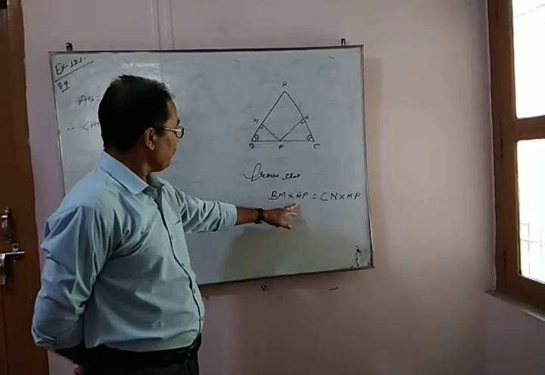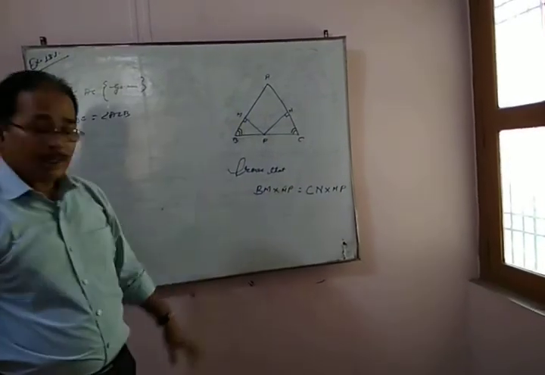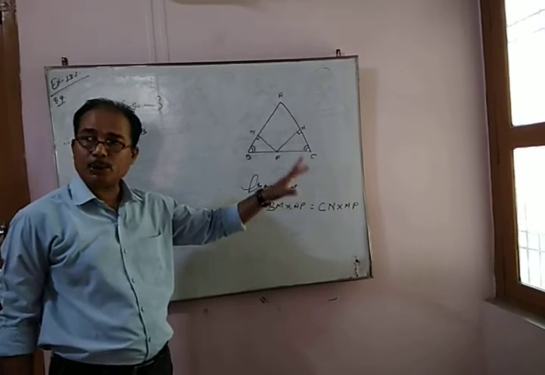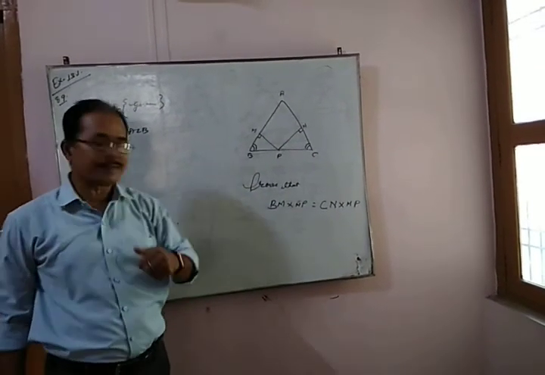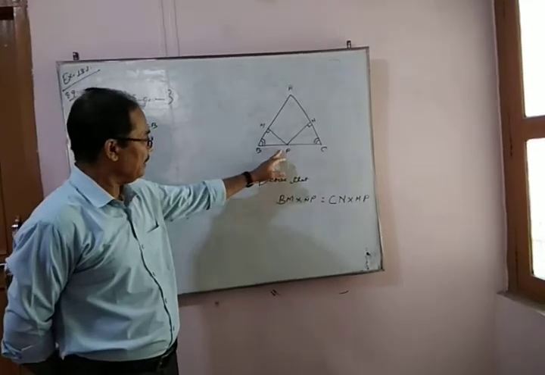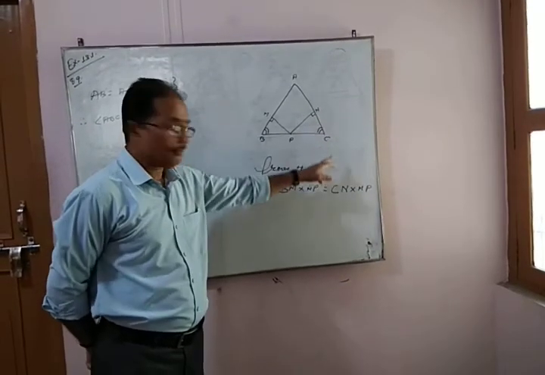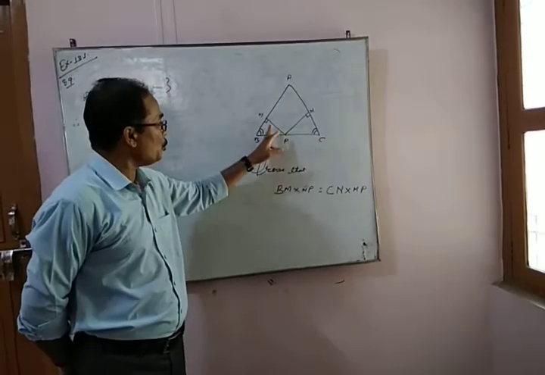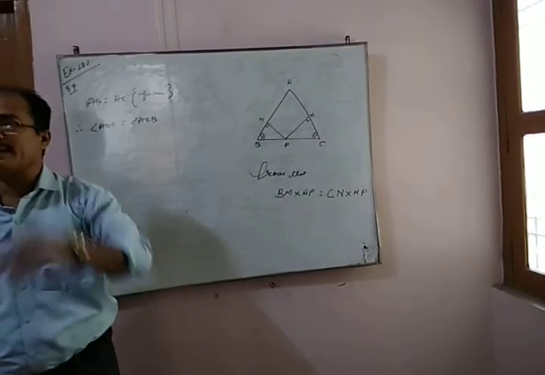First of all, you see that these are the sides of the triangles. You justify in the figure which triangles these sides belong to. BM is the side of triangle BMP. MP is the side of triangle CNP. Similarly, CN and NP. So these are the two triangles, BMP and CNP, which you have to prove similar.